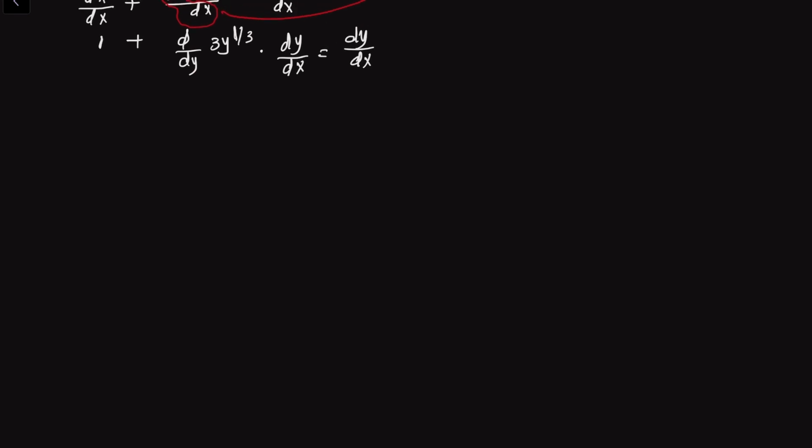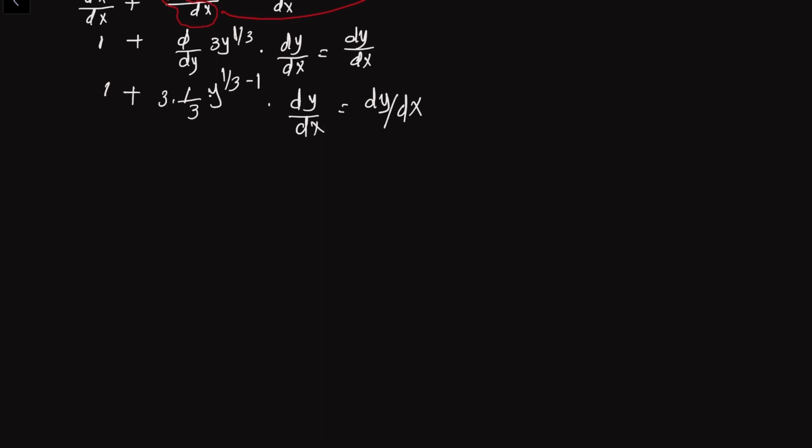Okay, so it will be equal to 1 plus, and let's differentiate this in terms of y. It will be 1/3 times 3y times 3, or we can say 3 times 1/3 times y to the 1/3 minus 1, times dy over dx, equals dy over dx.